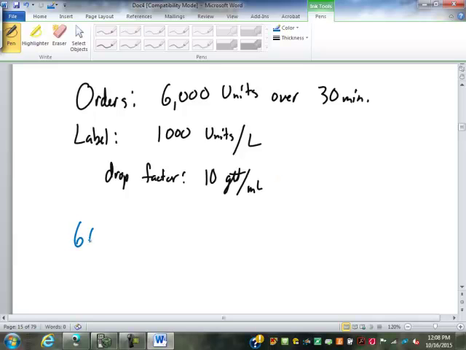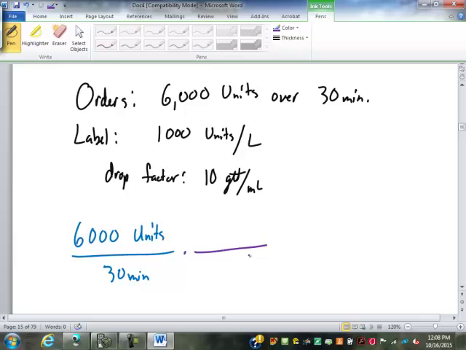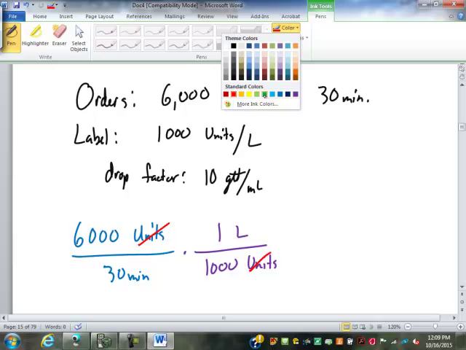So, 6,000 units over 30 minutes. At least this time we don't have to convert the hours because it's already in minutes. But we do have to get rid of units. It's 1,000 units in 1 liter. And unfortunately, we got to get rid of liters.